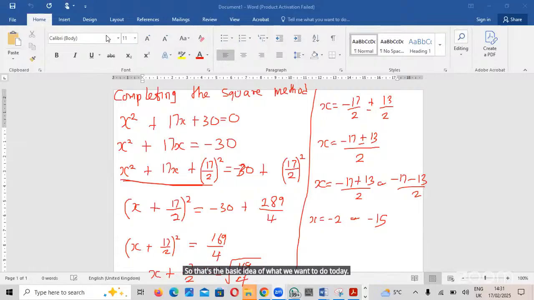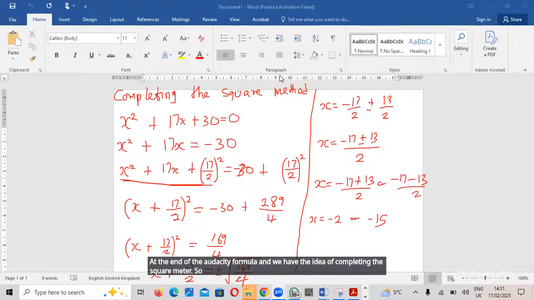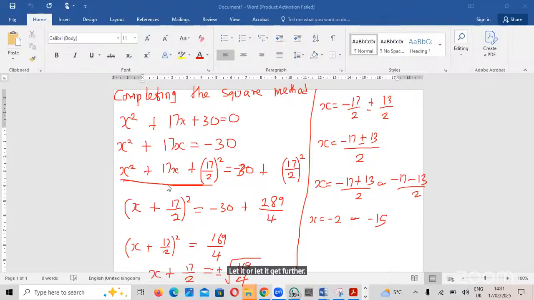At least we have the idea of the factorization method, the idea of the quadratic formula, and the idea of the completing the square method. So let's take it further. Just give me a minute.